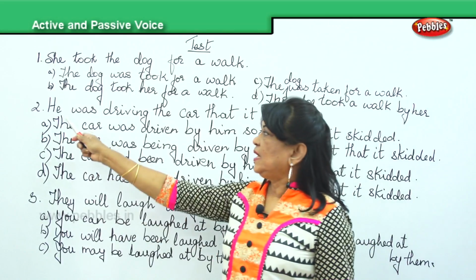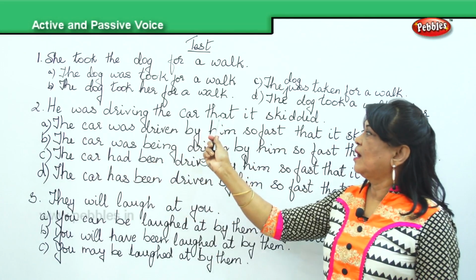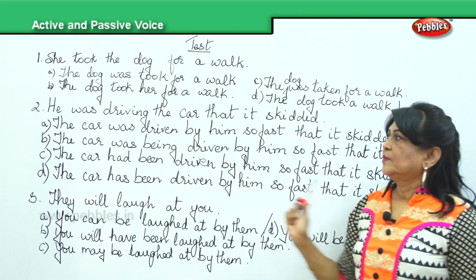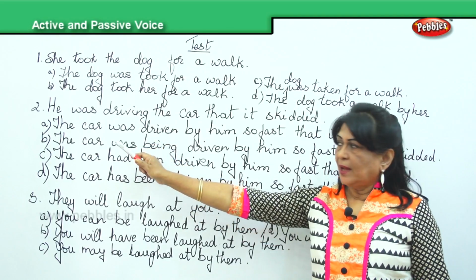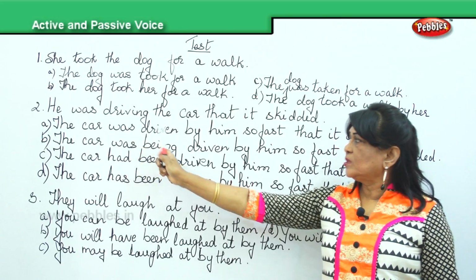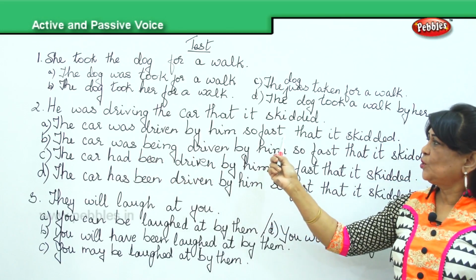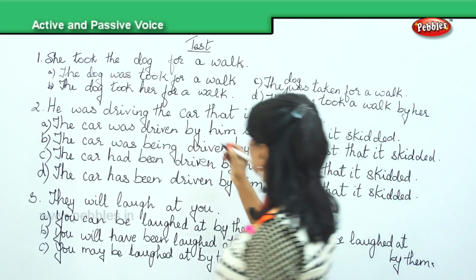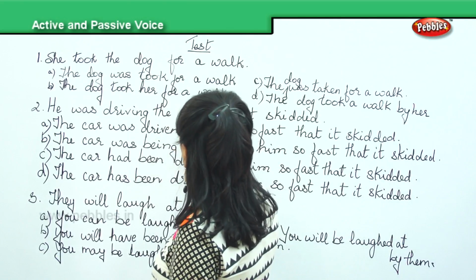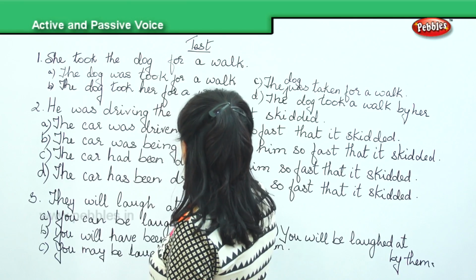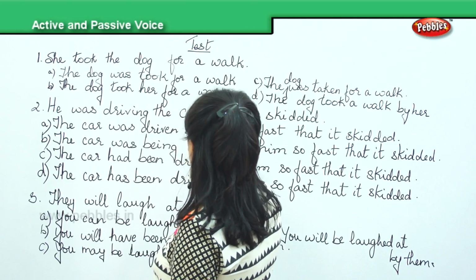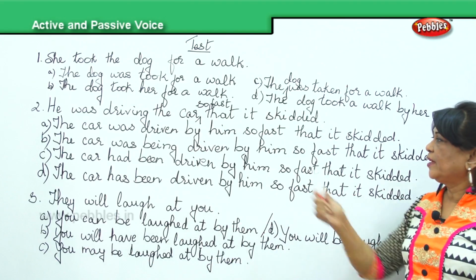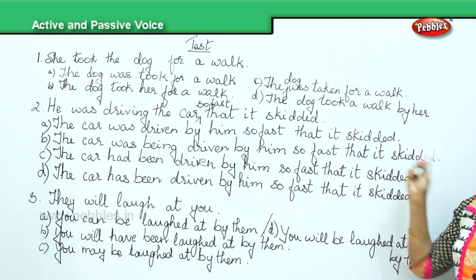Next one. He was driving the car so fast that it skidded. The options are: the car was driven by him so fast that it skidded.